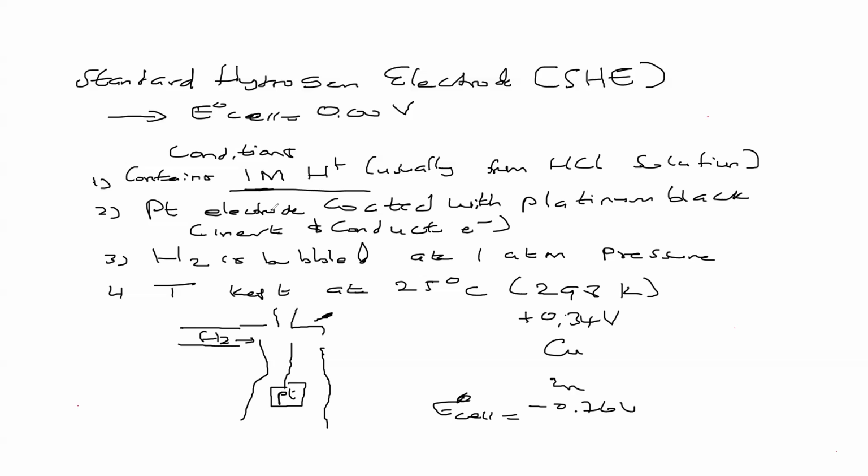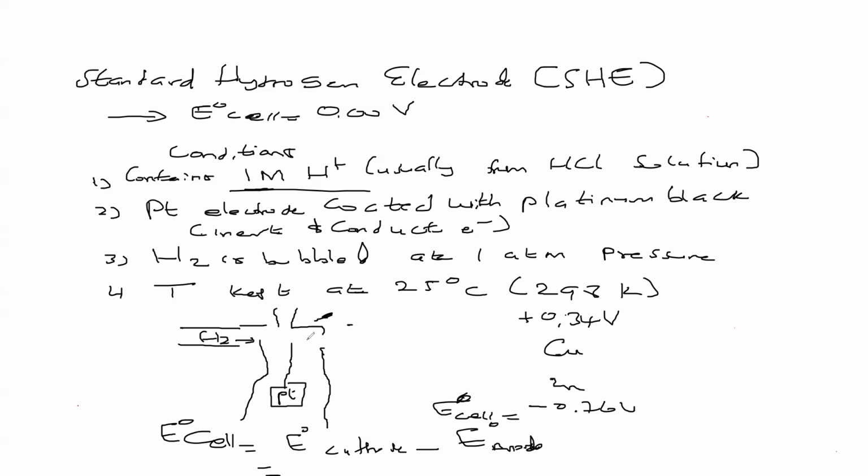So now let's compare. For example, if you're having hydrogen and copper, we said E cell is the E of the cathode minus E of the anode. Let's compare the copper and the hydrogen.